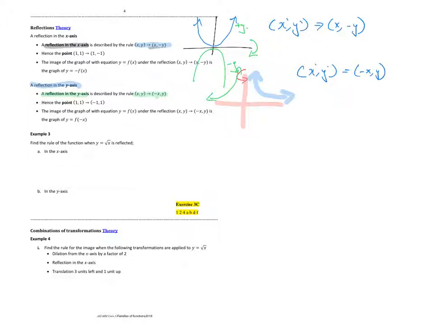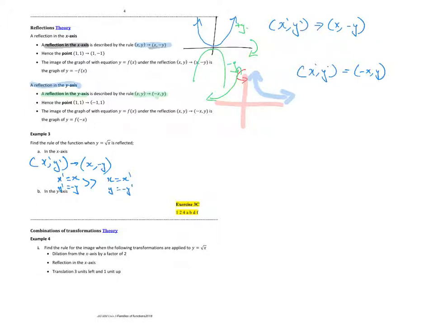Okay, so if we consider the graph of the square root of x, just look at that example. If we reflect in the x-axis, let's keep the same process. X dashed, y dashed becomes, so in the x-axis means my y values become negative. So again, my x dashed is still equal to x, my y dashed is equal to negative y, so that means my x is equal to x dashed and my y is equal to negative y dashed.